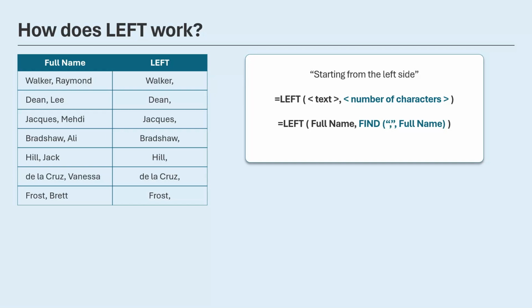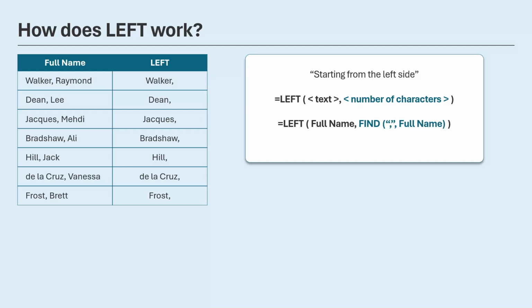Walker, comma, Dean, comma, Jacques, comma, Bradshaw, comma. But you'll notice that if you just put the find function in there and say, find me where the comma is, it unfortunately also returns the comma for you. Because you didn't say, find me the last character before the comma, you said, find me the comma.